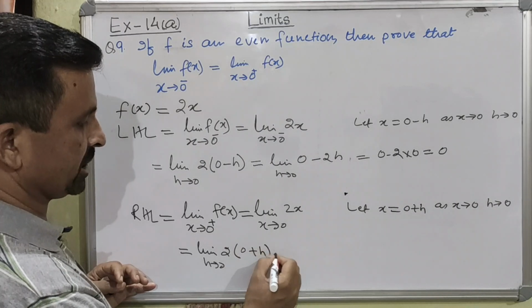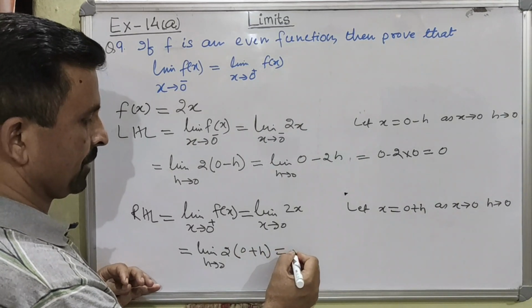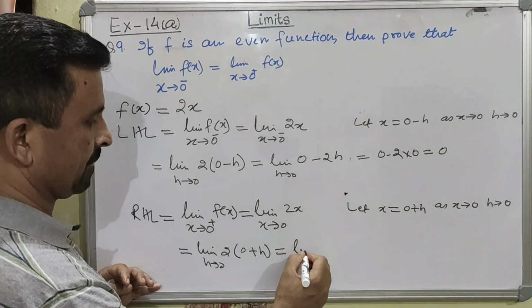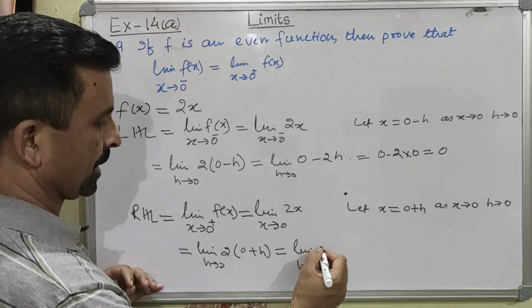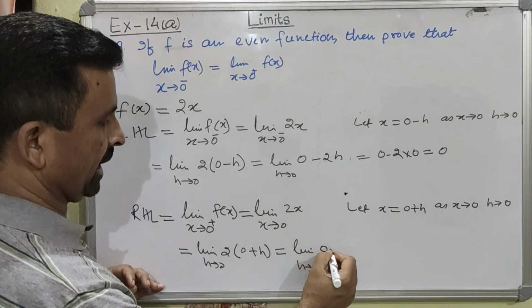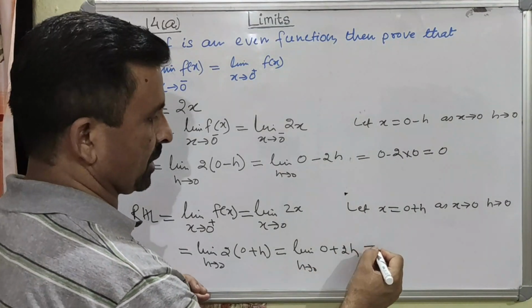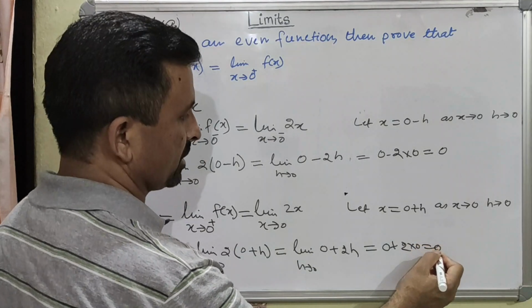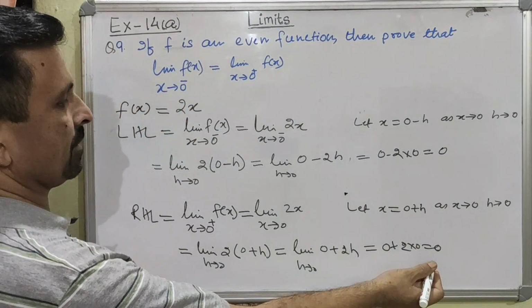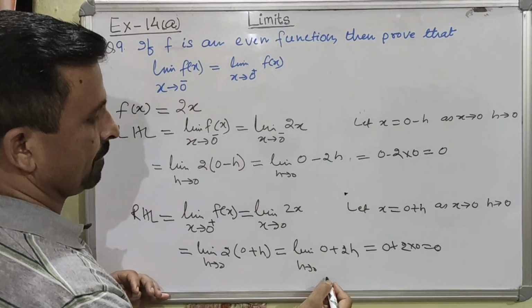Simplifying, this is limit h tending to 0 of 0 and then 2h, and h is approaching 0, so put the value now. So 0 plus 2 into 0 is equal to 0. So the value of the right hand limit also came equal to the left hand limit.